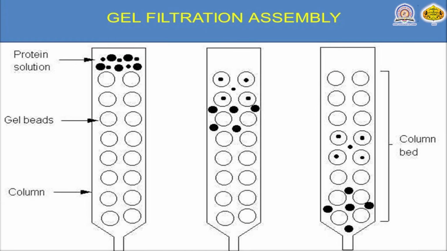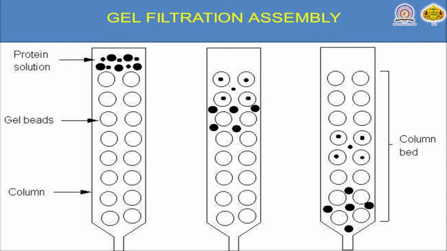Here you can see a very simplified figure of the gel filtration assembly. In that column, you can see the gel filtration beads and the protein solution. The molecules are shown in sizes with the same color. In figure B, the small molecules are entrapped in the beads or resins, and the larger molecules move through the spaces between the beads towards the outlet point, and you can purify both the larger and the smaller molecules.